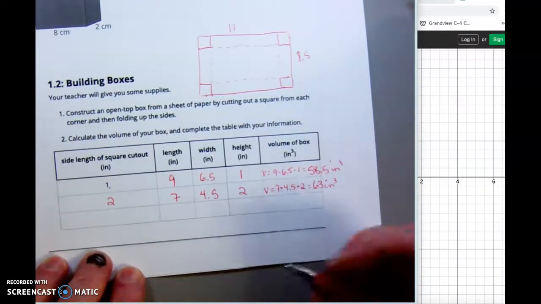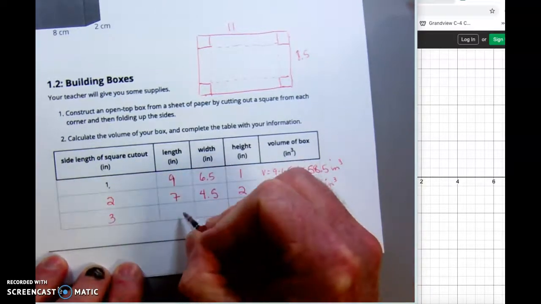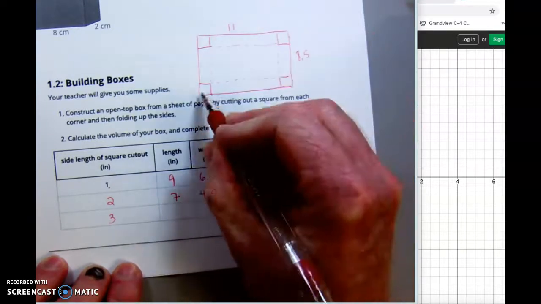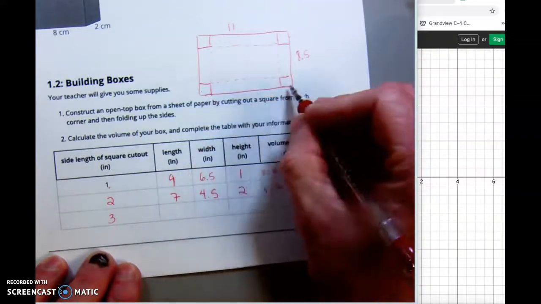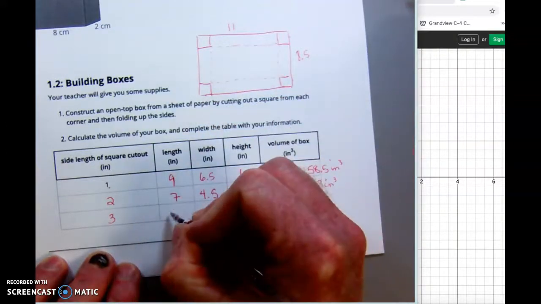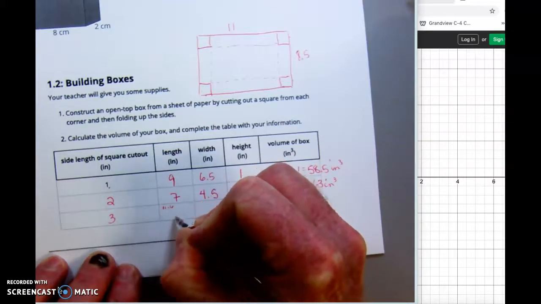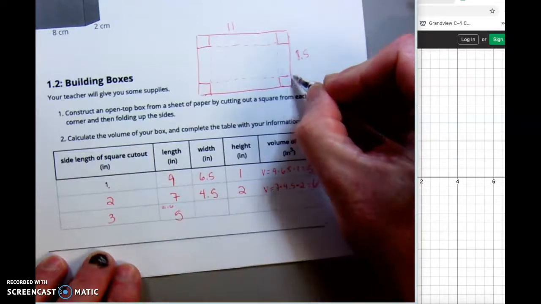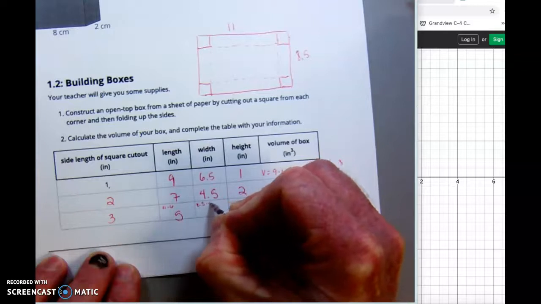What if we go to 3 inches? So if we go to 3 inches, with 11, we're going to take 3 off of each end. So 3 times 2 is 6. 11 minus 6 is 5 inches. 8.5, we're going to take 3 inches off of each side, so that's 8.5 minus 6.